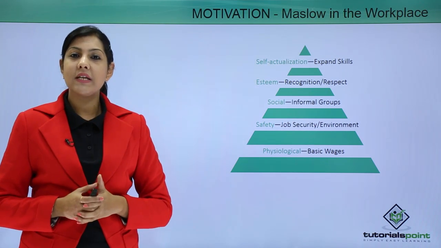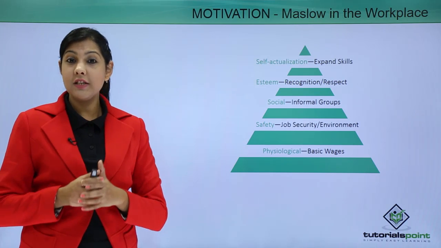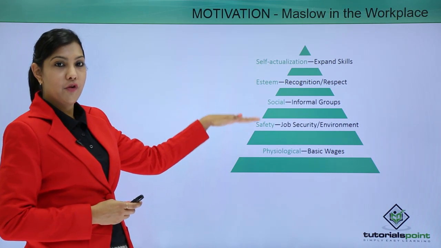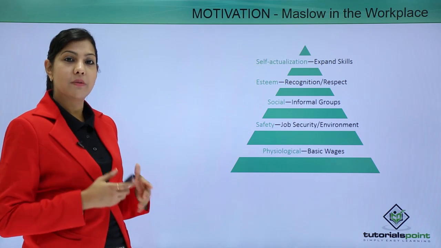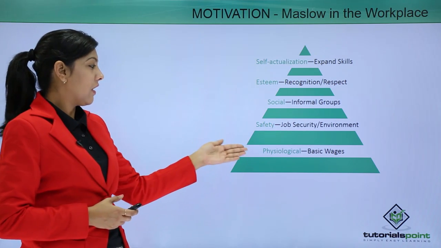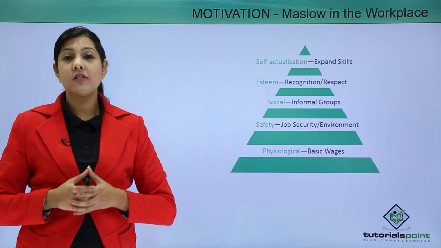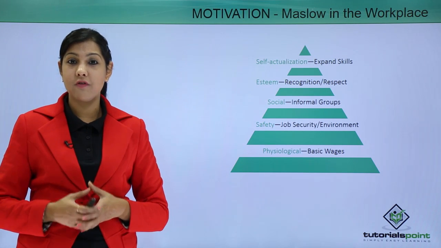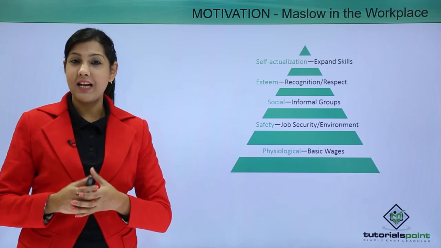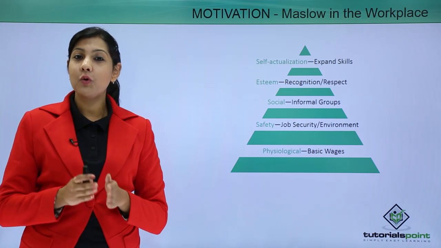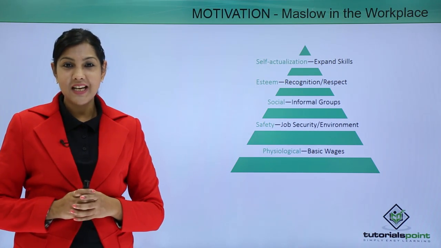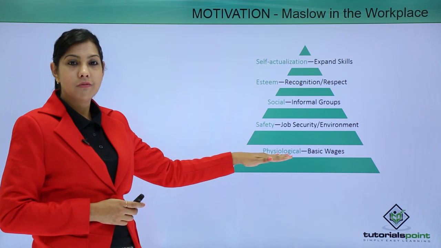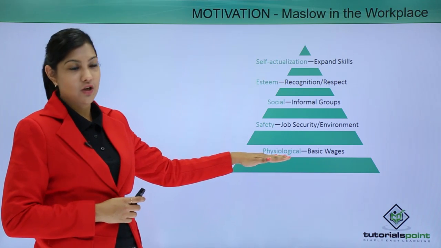Well, any employee sitting at his workstation is going to be motivated only when the lower layers at the base of the pyramid, that is physiological need, are met. His basic needs need to be maintained in terms of his clothing, his food and shelter. Well, if his food, clothing and shelter have been taken care of, this particular person is relaxed and he can concentrate on work.